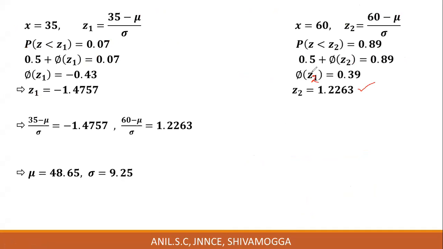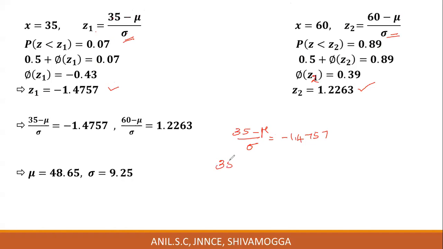Now substitute these two results here. We have separate expressions for Z1 and Z2. 35 minus mu divided by sigma is equal to Z1, and Z1 is minus 1.4757.